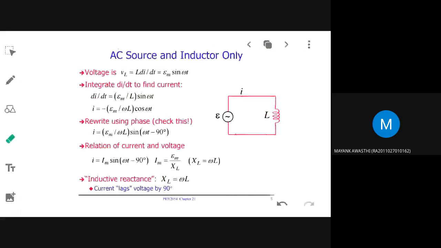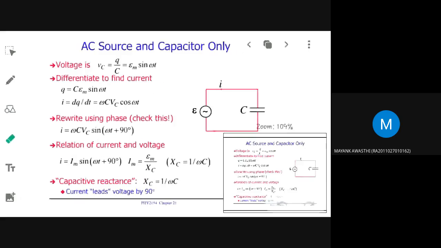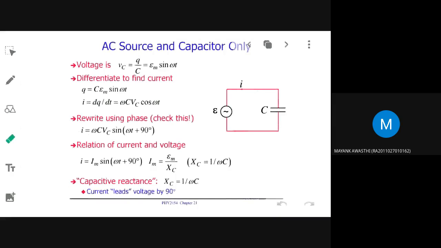Now here comes a circuit where you have an AC source and a capacitor. The AC source is again denoted by the equation Em sin omega t. Now I have to derive the current, again using the current-voltage relationship for capacitance.